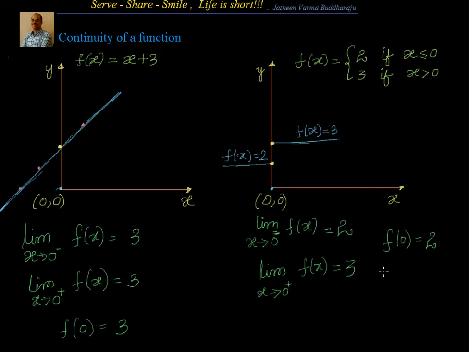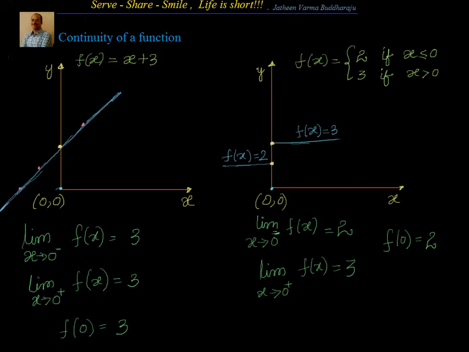So we call this function a discontinuous function, whereas on the left side we see that the limit exists and its value is also equal to f of 0. So this function is called a continuous function.